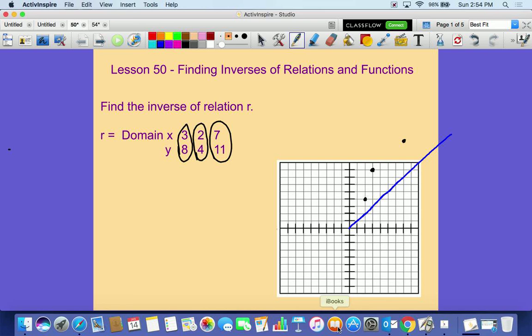The very first thing that we could do is deal with this point right here, the point 2, 4. If you were to draw a perpendicular line through here, it is exactly one box away, which means the new point is going to be down here, the exact same amount flipped across the line.